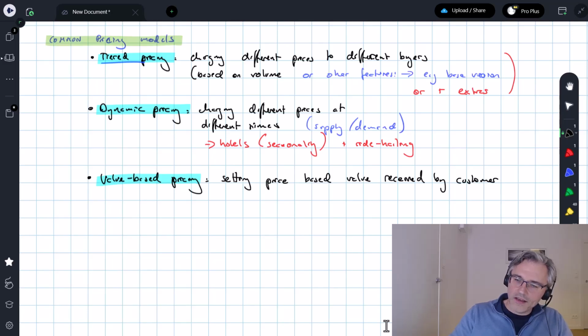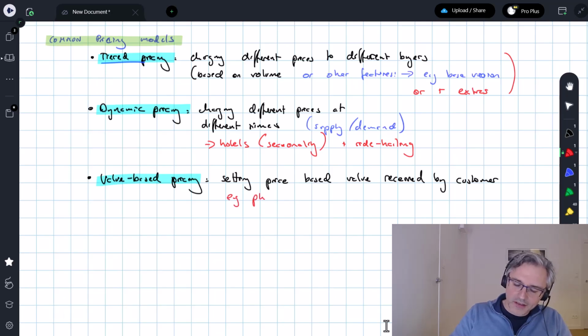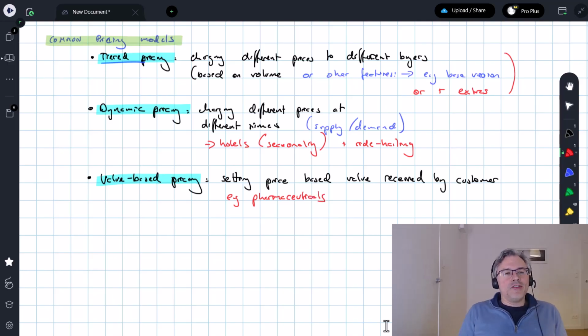So let's say I'm a pharmaceutical company. Your book does give the example of pharmaceutical companies here. Now, why should we price the medicine, the medication, based on its cost of production? Rather, let's price it based on the value it gives you, the patient.